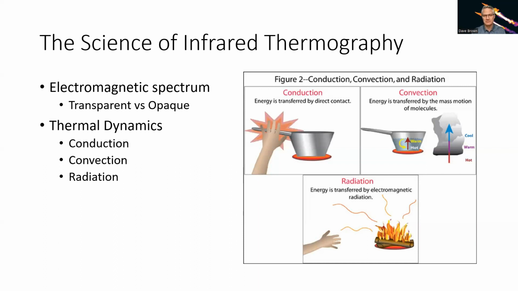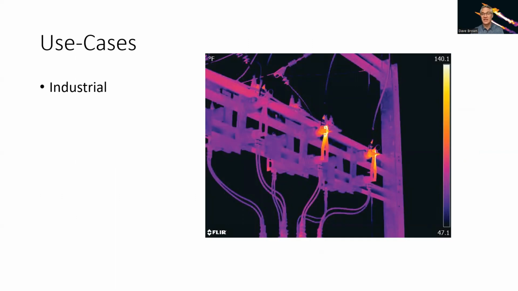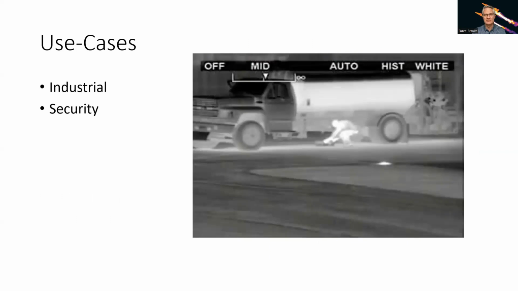The use cases for infrared thermography are pretty much boundless. In industrial applications, we can easily spot hotspots in mechanical and electrical components to determine points of failure. We can easily detect body heat against a cold night background, making security a perfect use case for infrared thermography.